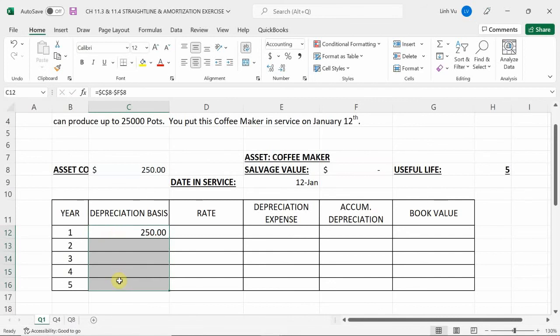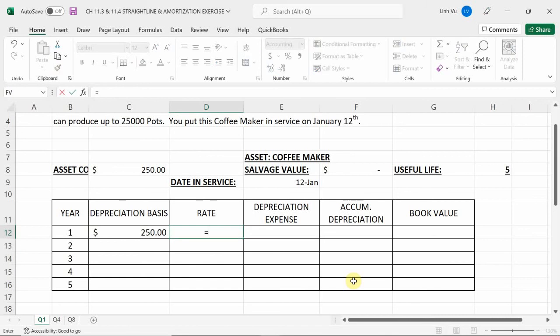What's my rate going to be? 1 divided by 5. We're just going to give you 50%. Not 50%, 20%, right? 1 divided by 5 is 20%. Okay. All right.